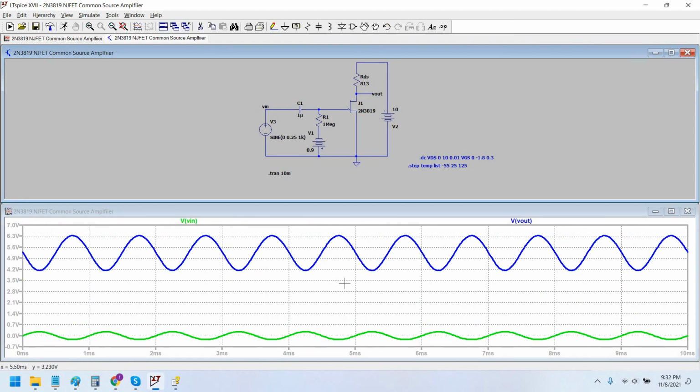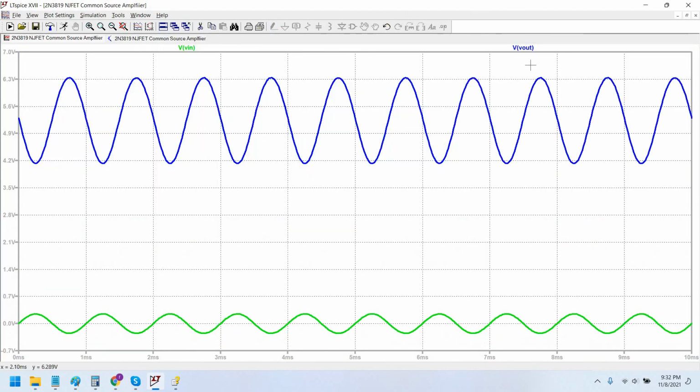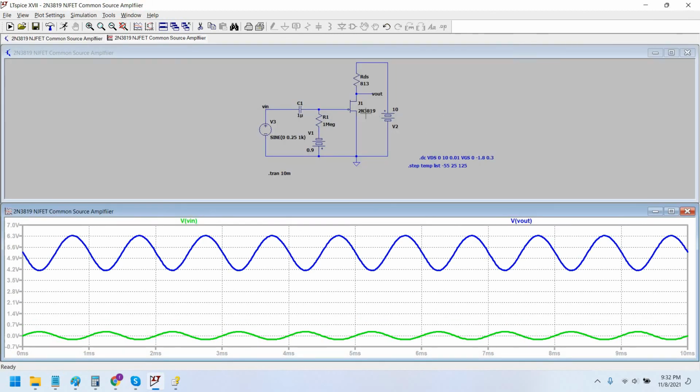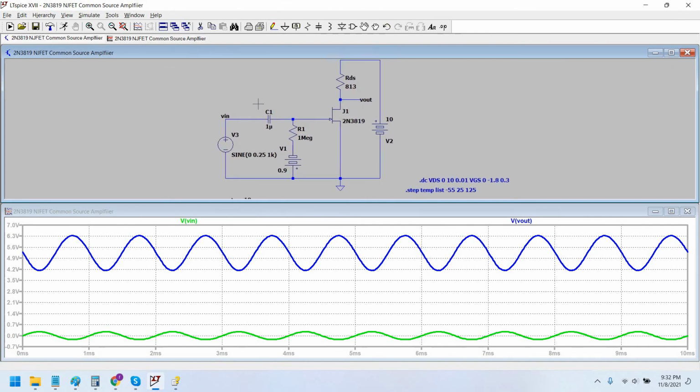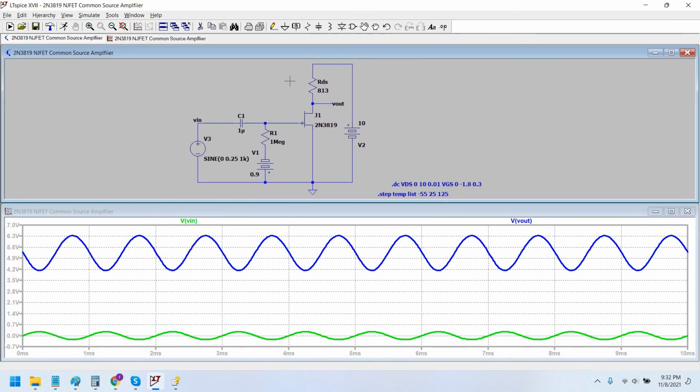Okay, so now as you can see, the output is having a DC component. The output V out is shifted with a DC offset. This is because I have not placed an output coupling capacitor. I will place the same capacitor here.